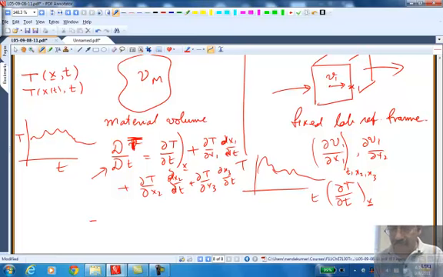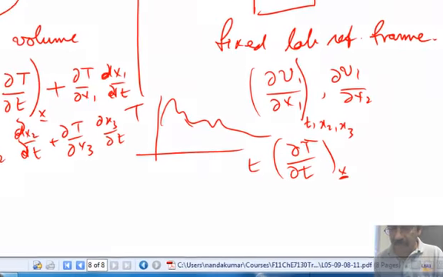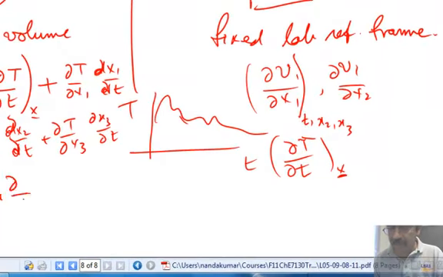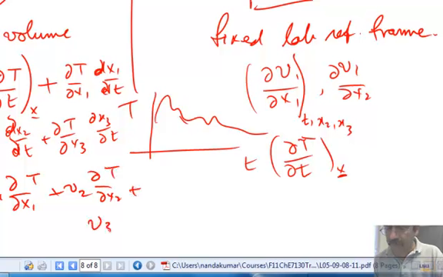So you would actually see this written as dT/dt plus v1 dT/dx1 plus v2 dT/dx2, and so on. You can see it's a cumbersome way of writing it.